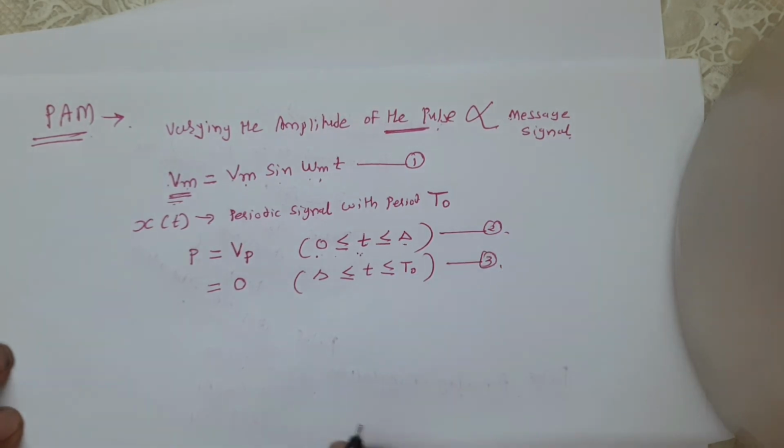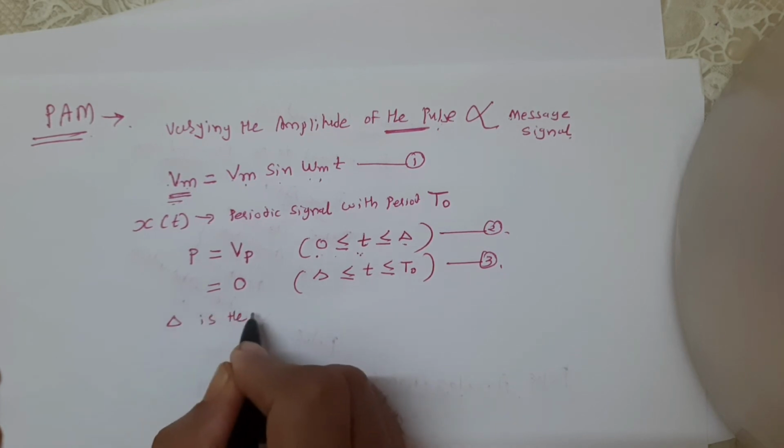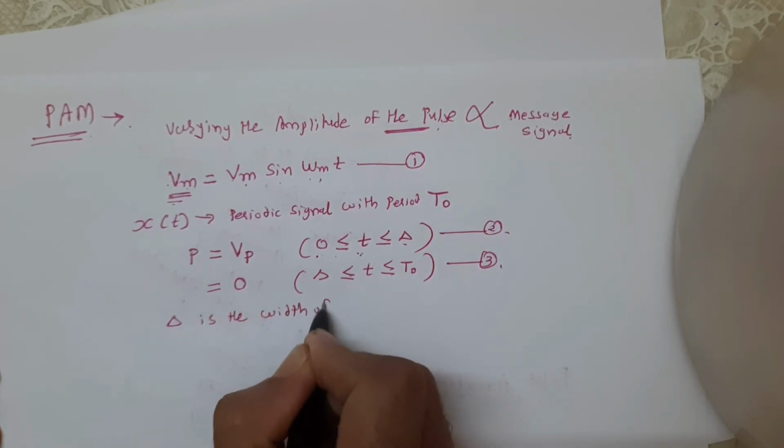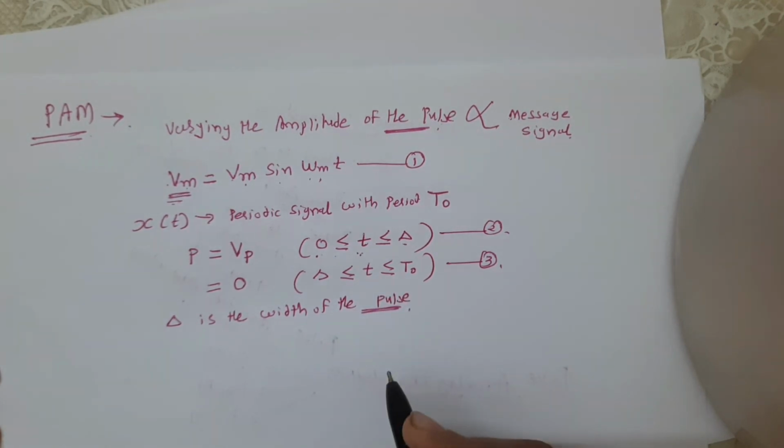Equation 2 and equation 3 are our conditions, where delta is the width of the pulse, and the leading edge of the pulse is assumed to be coinciding with the starting of the interval in each period. Then the pulse amplitude modulated wave in time domain is obtained by multiplying the message with respect to the pulse train.